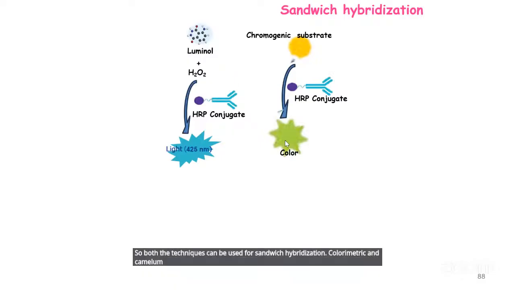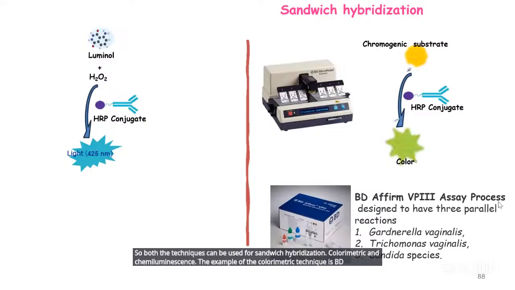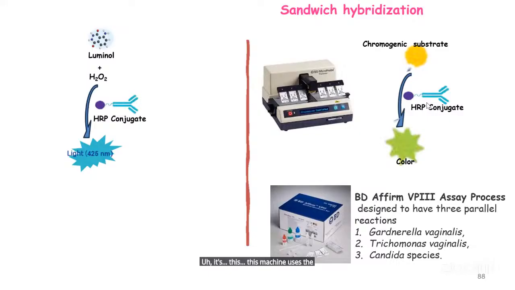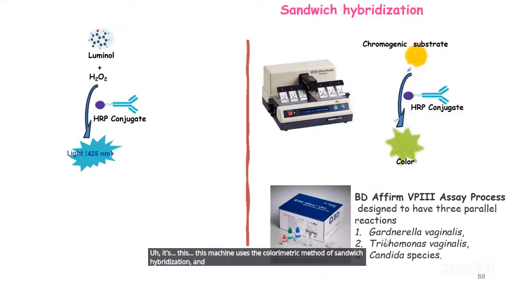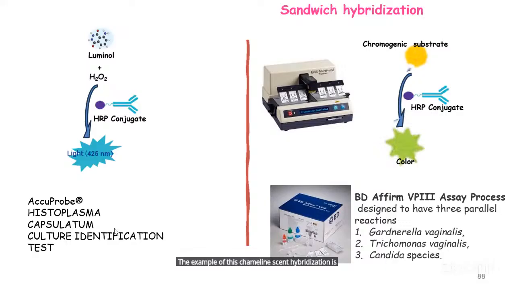The example of the colorimetric technique is the BD Affirm VP III assay. This machine uses the colorimetric method of sandwich hybridization, and it simultaneously detects three targets: Gardnerella vaginalis, Trichomonas vaginalis, and Candida species. The example of chemiluminescent hybridization is Histoplasma capsulatum detection.